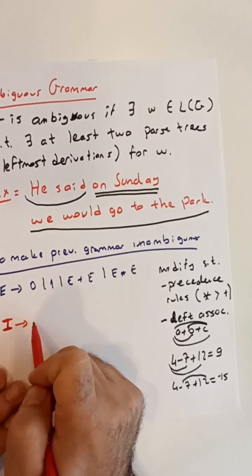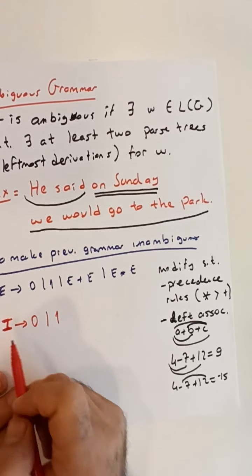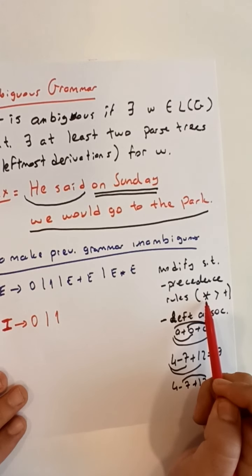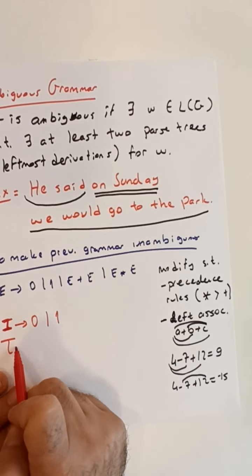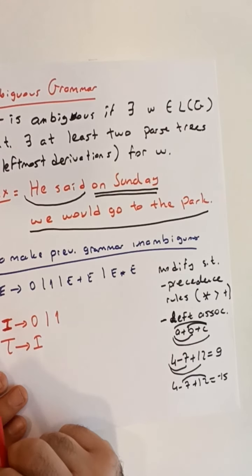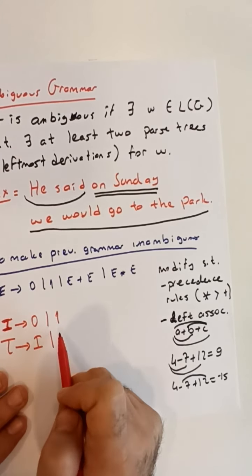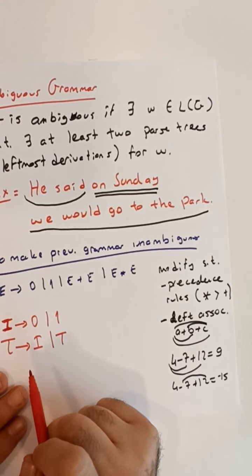So I can be 0 or 1. The next higher precedence should be applied to multiplication, so we will introduce a new variable corresponding to our multiplication operations. Let's denote that variable with t. T can itself be simply an I, a number, 0 or 1, or it will be t multiplied with I, and t corresponds, by the way, to a term.